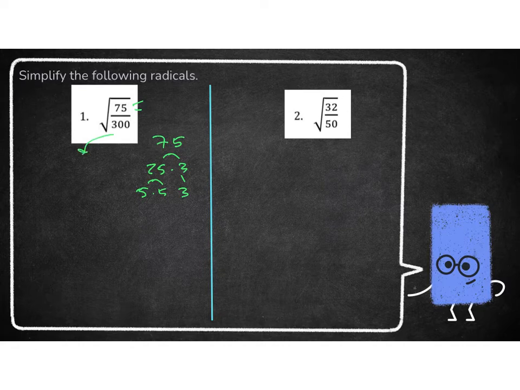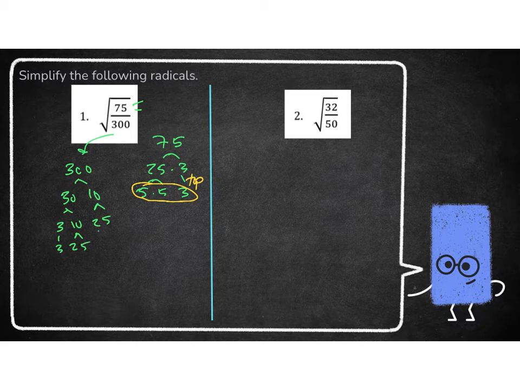And then the 300, I'm going to do the same thing. So this is my list for 75 that's on the top. And then 300, that's 30 times 10. That's 3 times 10. That's 2 and 5. This is 3. This is 2 and 5. This is 2 and 5.